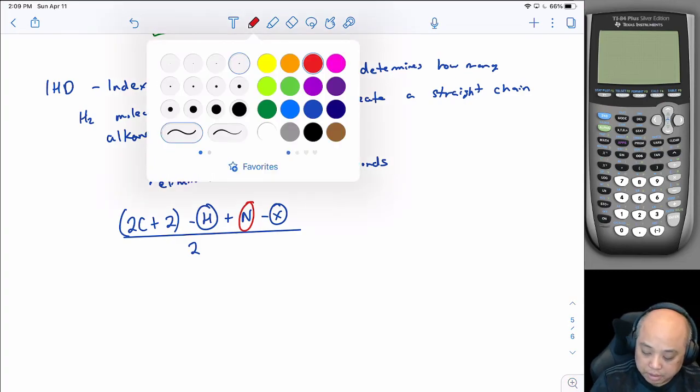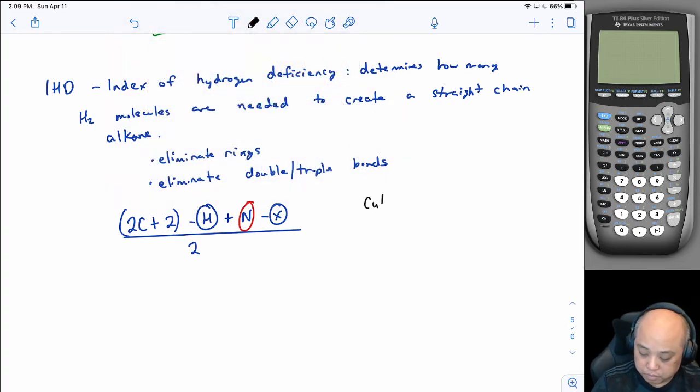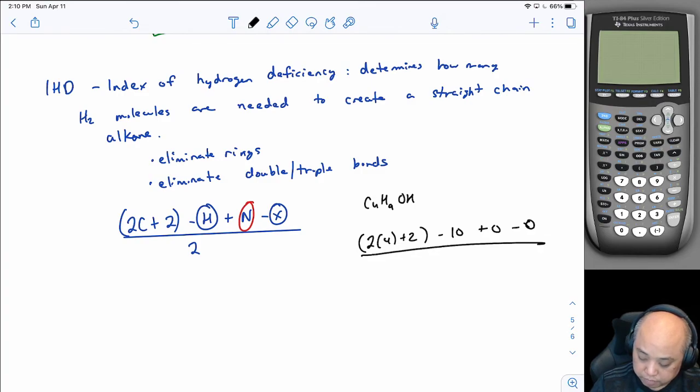And so if you take something like C4H9OH, well, this is 2 times 4 plus 2 minus 9 or minus 10 plus 0 minus 0, over 2. So this has an IHD of 0. What that tells you is that there are no rings and there's no double or triple bonds anywhere in the structure.